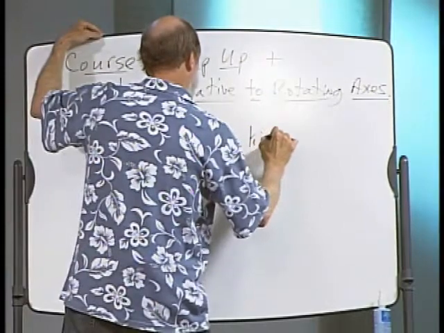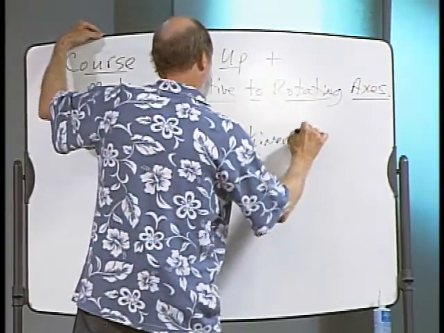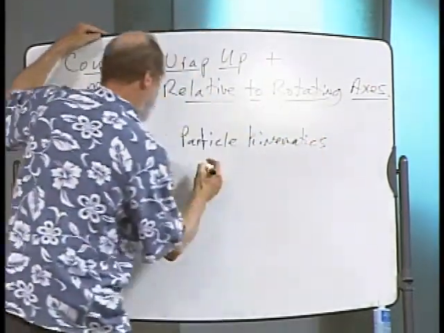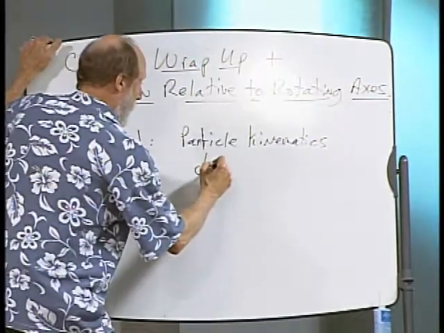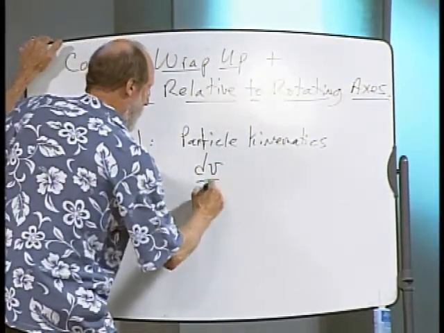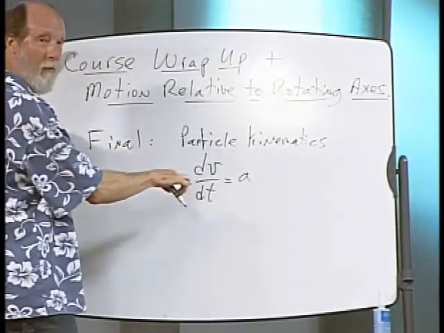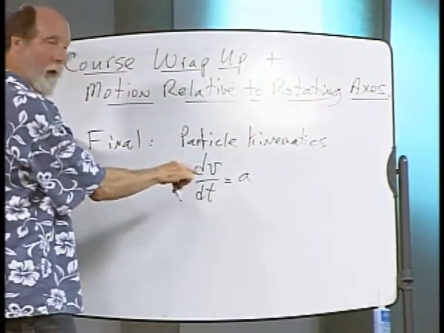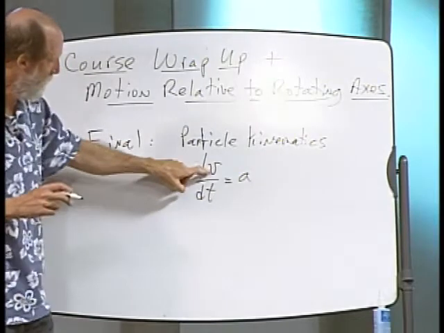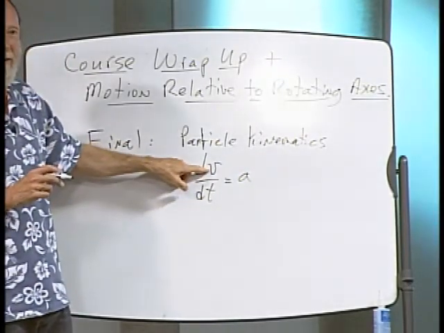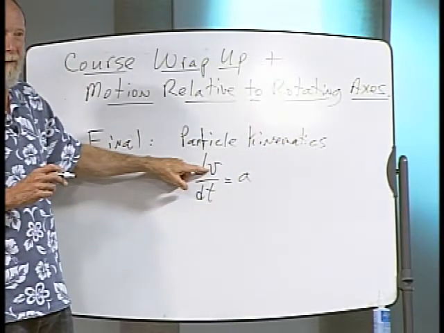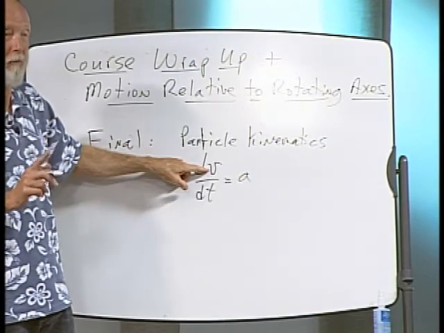kinematics, which means that you want to be very comfortable with dv/dt equals a as a scalar equation. If that's a scalar equation, then v here is what, physically, for the particle? The speed, isn't it?